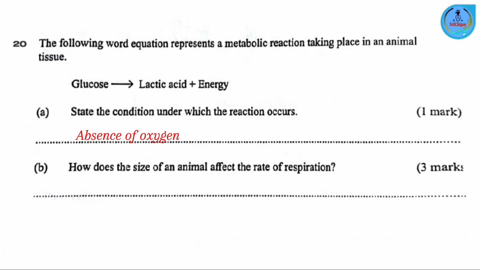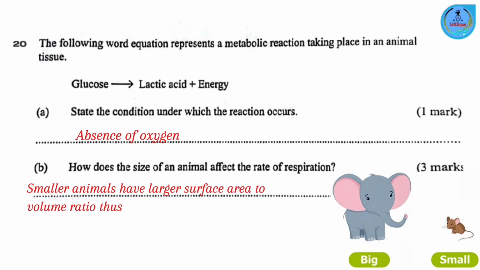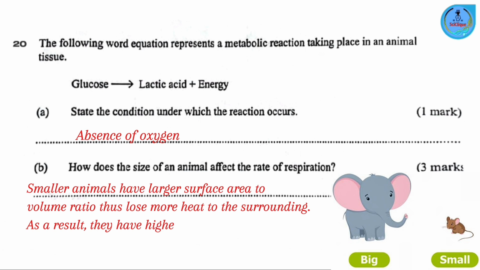Part B. How does the size of an animal affect the rate of respiration? Now, when it comes to animals, the animals that are smaller in size tend to have higher rates of respiration. So if I had these two animals over here, I'm going to expect that to have a higher rate of respiration. Why? For the simple reason that it's smaller in size.